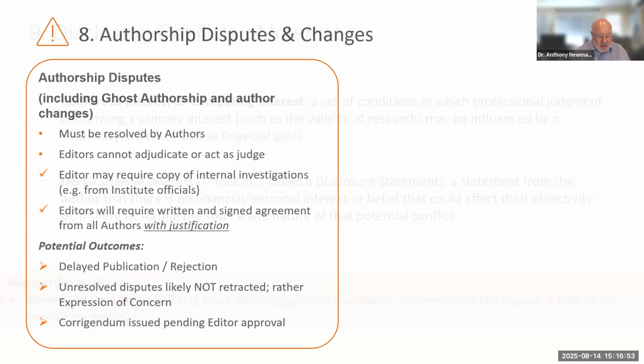So the next one is authorship disputes. The co-authors are those who are involved with writing a paper. They are not just added in, parachuted in. They are not people who helped you write the revised version, particularly.